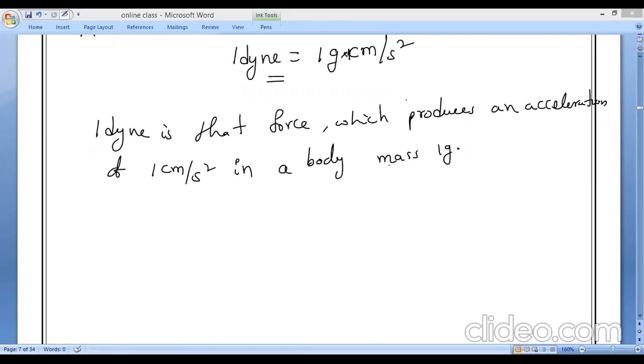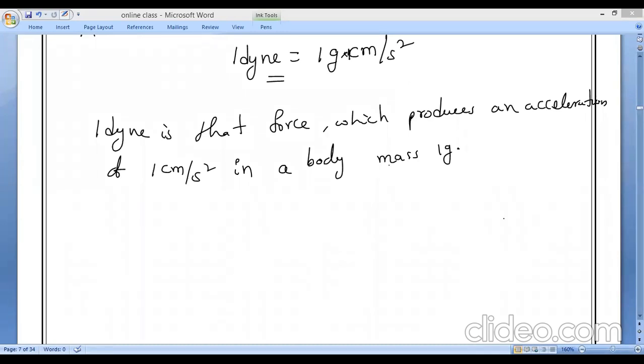Relationship between dyne and Newton. Shall we see the relation now, everyone? Are you ready? Okay.